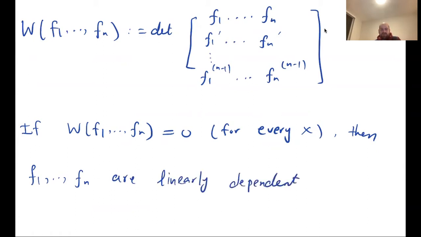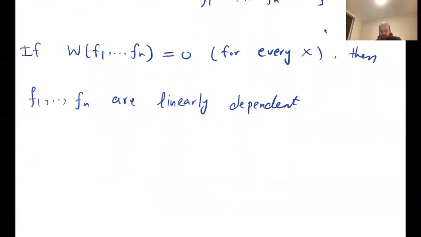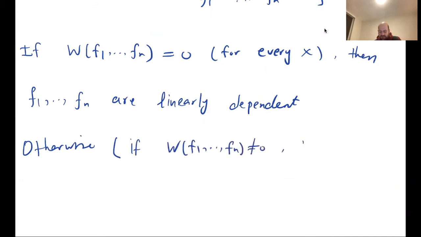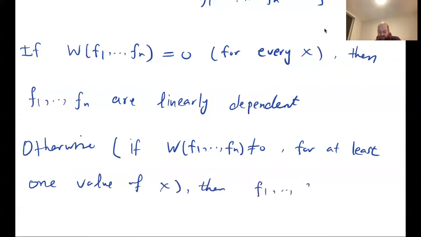If this determinant is identically zero, meaning that it's 0 for every x, then we can say that these functions are linearly dependent, and otherwise, meaning that if W of f1 to fn is not equal to 0 for at least one value of x, then we can say that f1 to fn are linearly independent.